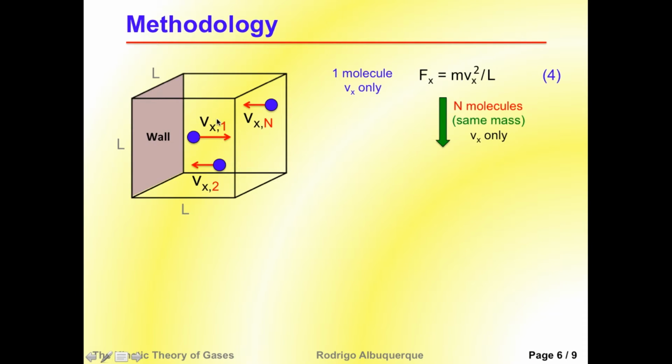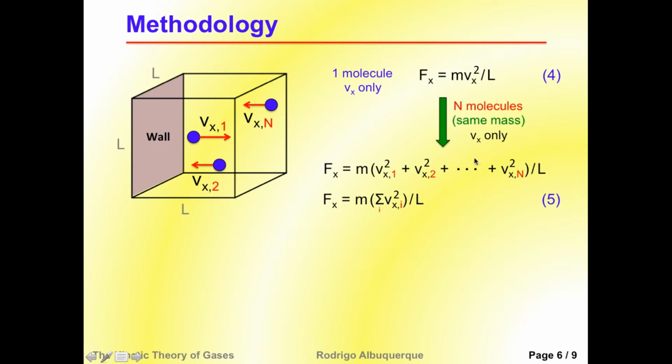In this case, we have many particles, and each particle has its own component of Vx: Vx1, Vx2, and Vxn, for instance. In this case, equation 4 would be rewritten to take into account the components of the velocities of all molecules here. So Vx1, Vx2, Vx3, and so on until Vxn. We have here n molecules.